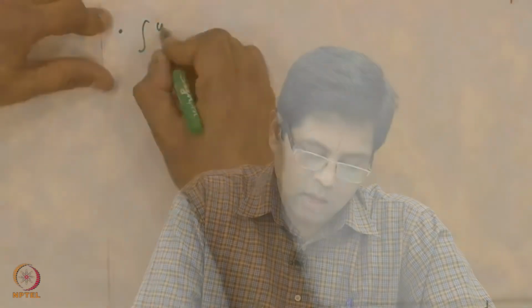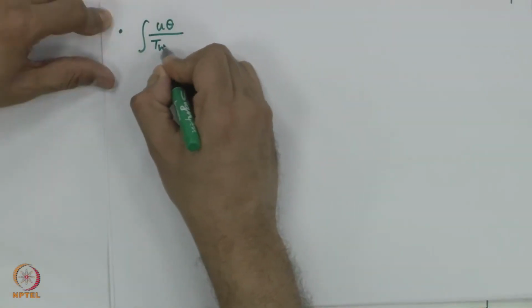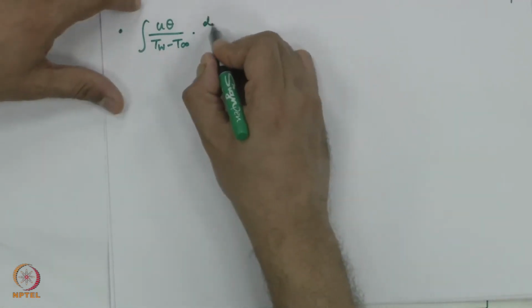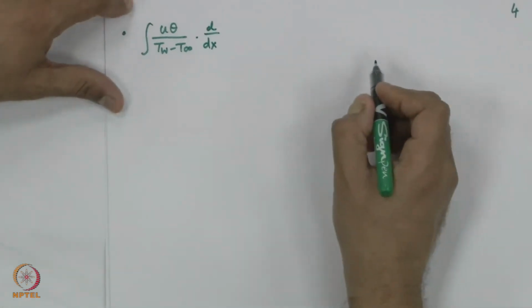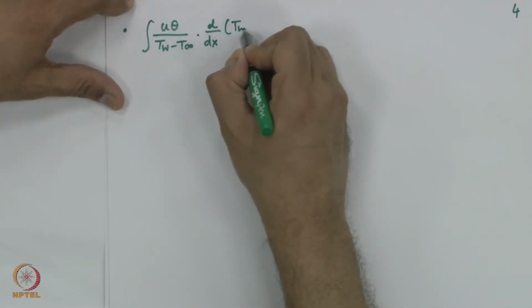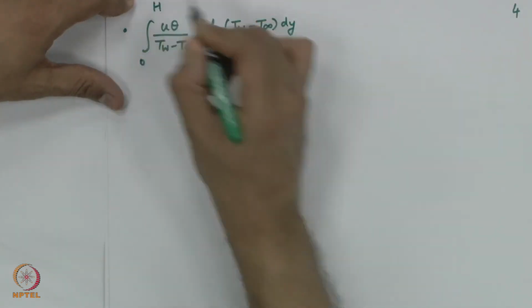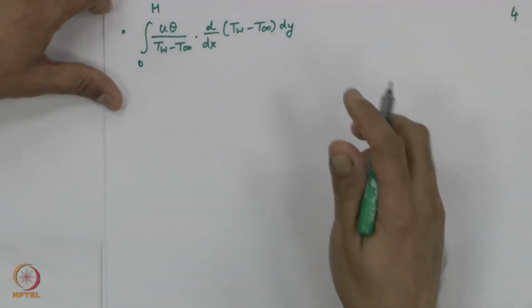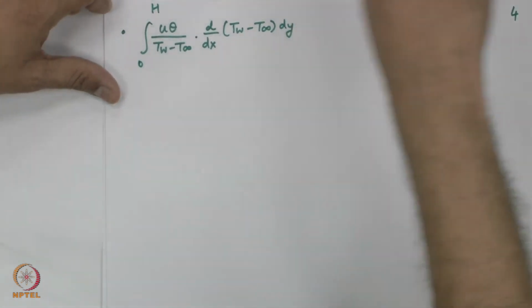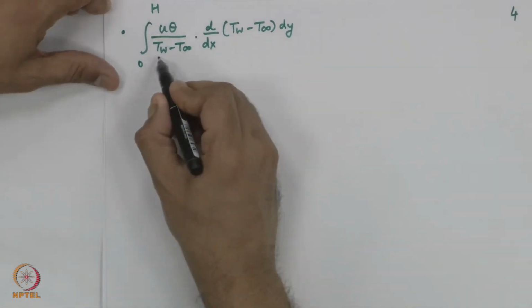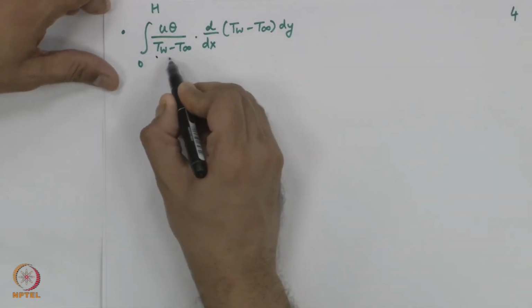Now, the third term, which is nothing but the integral of u theta divided by t wall minus t infinity, times d by dx of t wall minus t infinity, dy evaluated from 0 to capital H. Let us take a quick look at what is happening here. T wall minus t infinity is only a function of x.